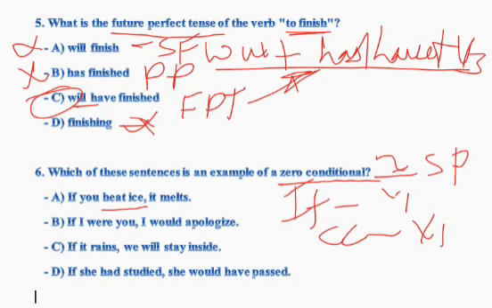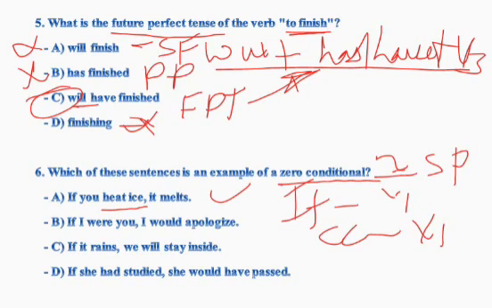If the ice melts, the ice changes into liquid. When the solid changes into liquid, we say that it melted. So this always happens. In this case, this is the right option.